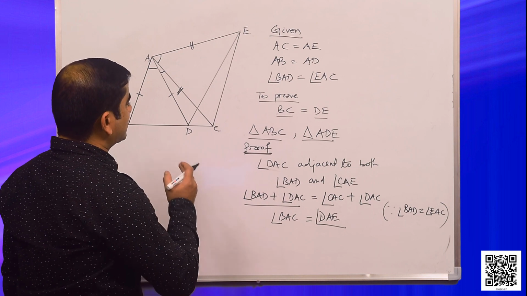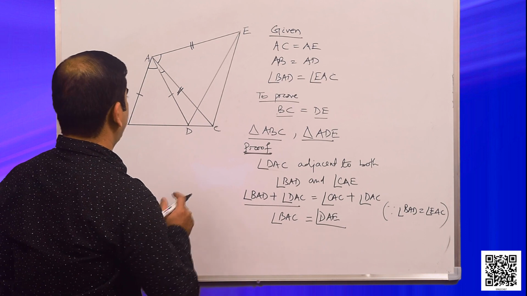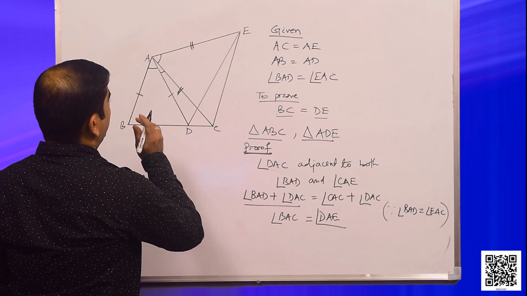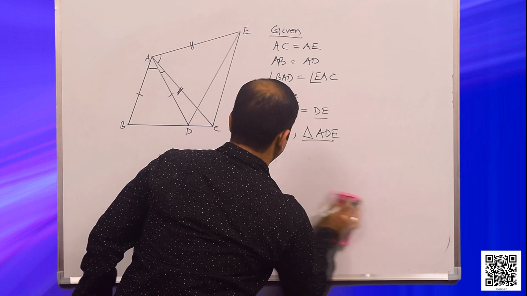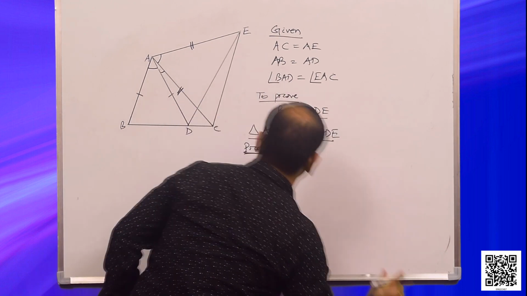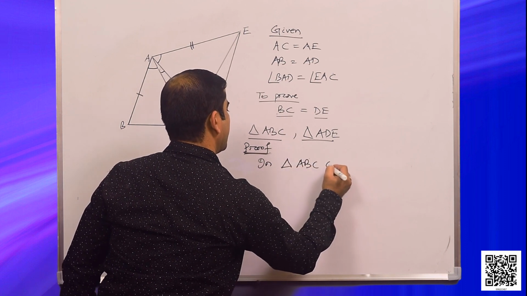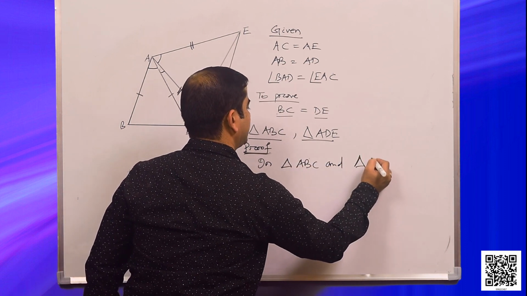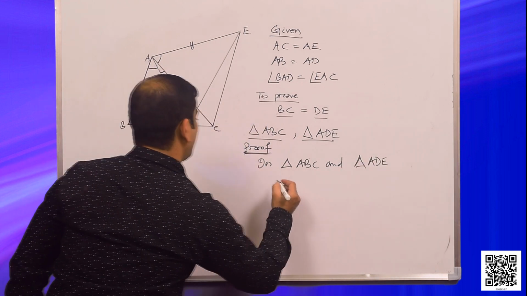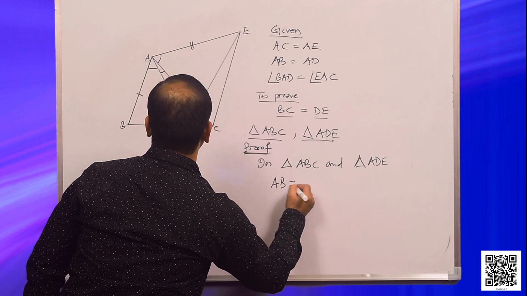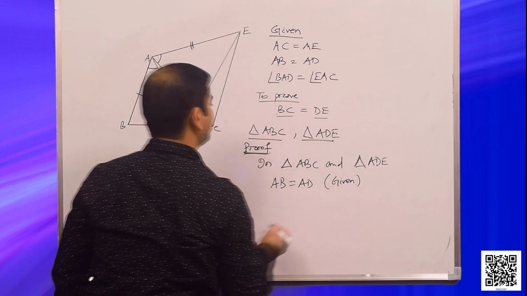So, now let us concentrate on triangles ABC and ADE. In triangle ABC and triangle ADE, AB is equal to AD, that is given.